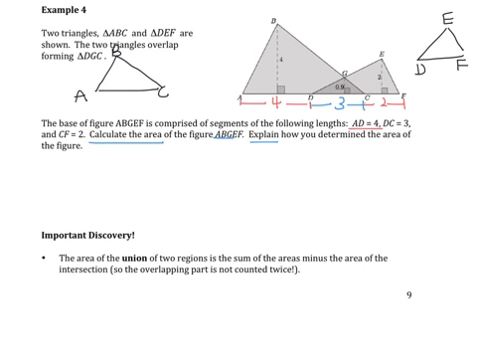Notice that they share this region that's colored a little bit darker, which is DCG. We're going to find the area of ABC, this one right here. We're going to find the area of DEF, which is this one right here. And then we're going to have to subtract the area of DCG.